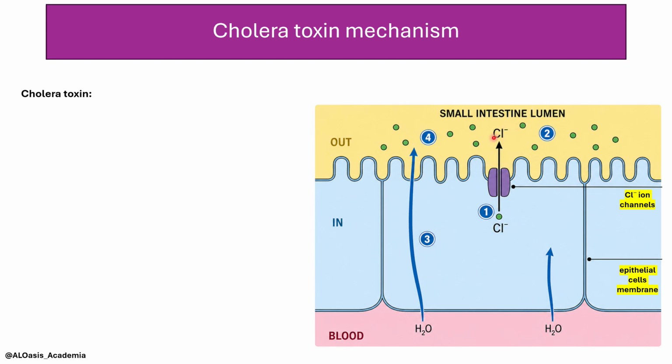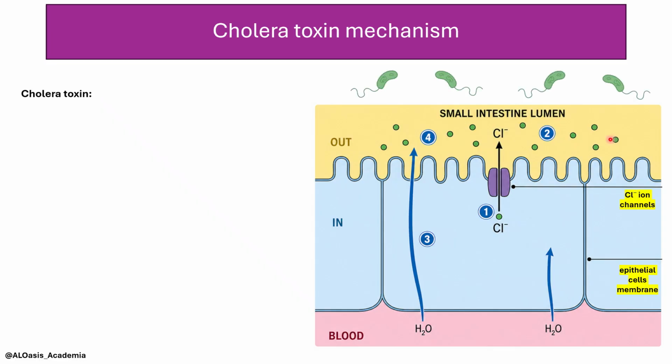An increased level of chloride ions in the lumen will be followed by water movement from the blood and tissue fluid area or space into the small intestinal lumen, okay? And this is the epithelial cell membrane. That's one epithelial cell, and these small dots and circles represent the chloride ions, the increase in chloride ions.